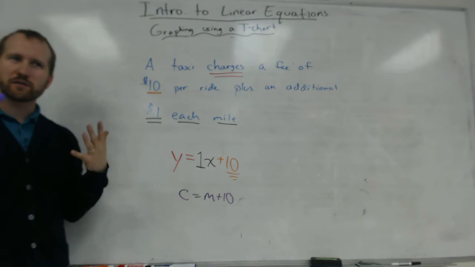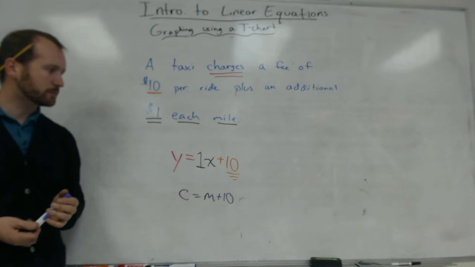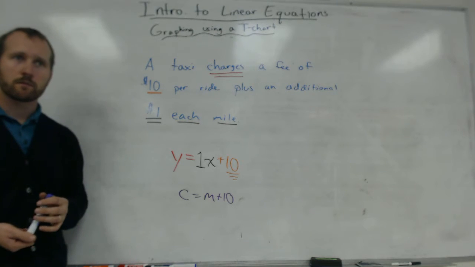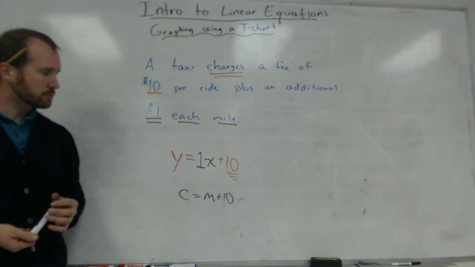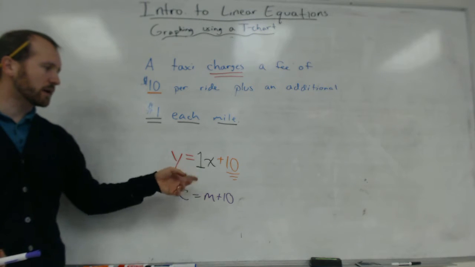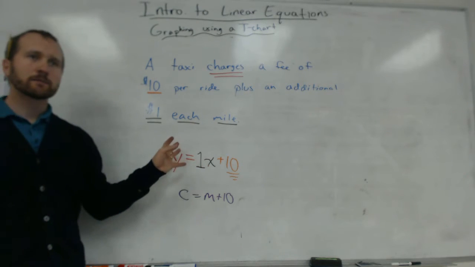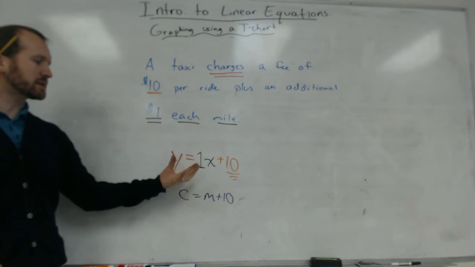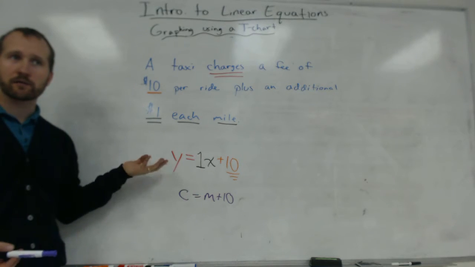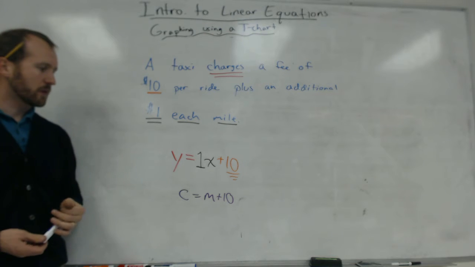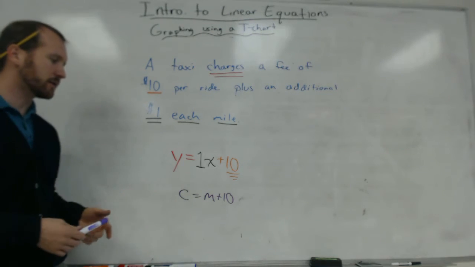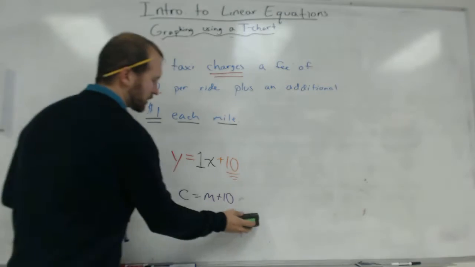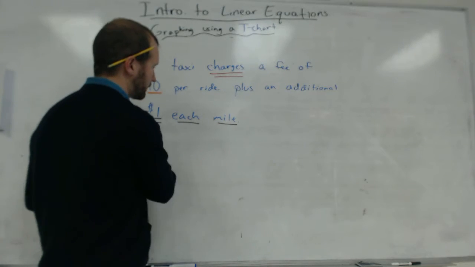So we can change the variables. It doesn't really matter. I can use whatever variables I want. Now if I have an x, I can't later change it into something else. But when I'm deciding how to write the equation, I can write whatever variables I want to. So if it helps you to think of it mnemonically, C for charge and m for miles, you can.